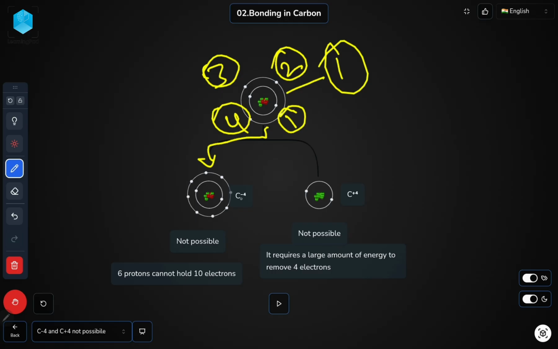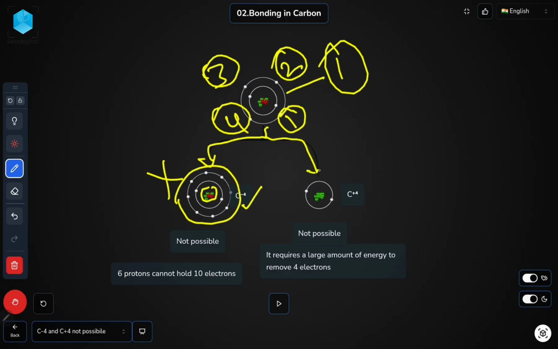If carbon atom gains 4 electrons, that is if it becomes C minus 4, the nucleus has only 6 protons and 6 neutrons. So these 6 protons will not have the capacity to hold 8 electrons in its outermost orbit. As a result, this possibility is not there.